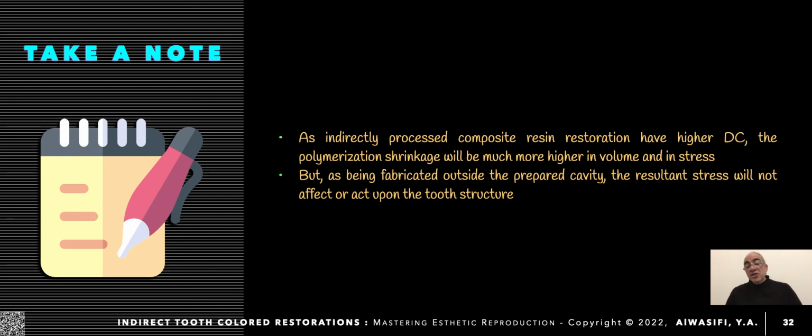All of these shrinkage stresses for indirect restoration, which are far higher than those of directly processed composite, are of no clinical value because they already take place outside your cavity.